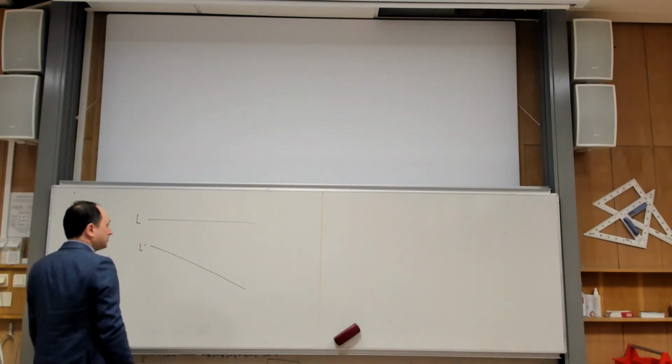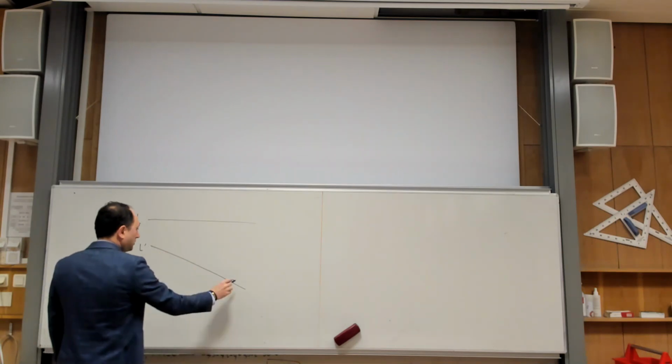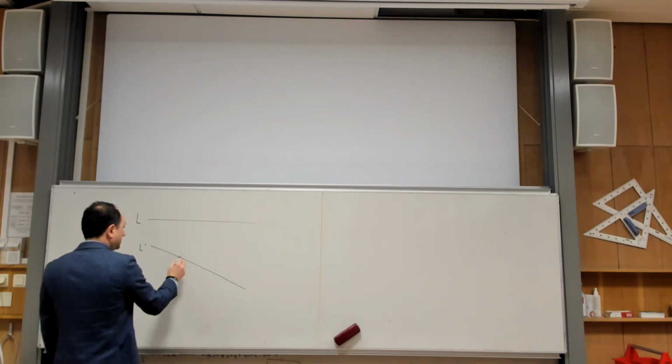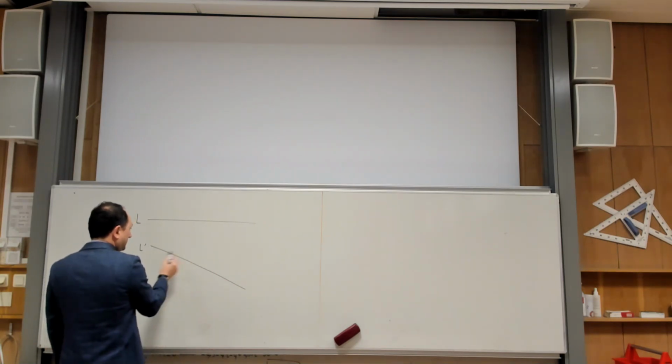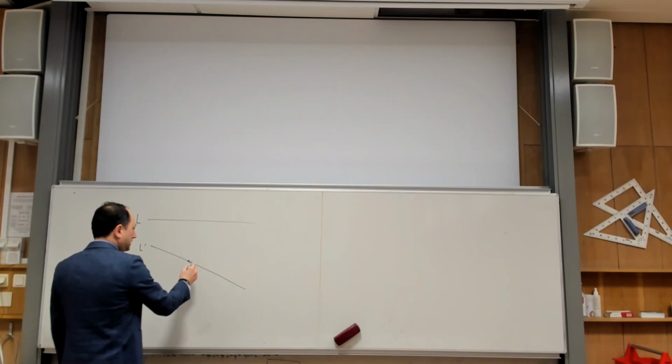So what we're supposed to do, we learned that I take a random point here somewhere, for example here. I don't know the exact point, so I have to take a random point here. Let me call it A. And then we learn that I draw a line from this point parallel to this one. Yes, this is doable.